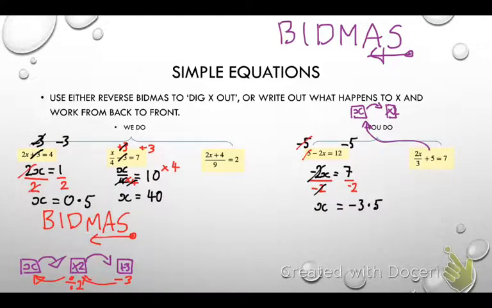Okay, then that's all being divided by 3. So divide by 3, then that's all having 5 added to it.